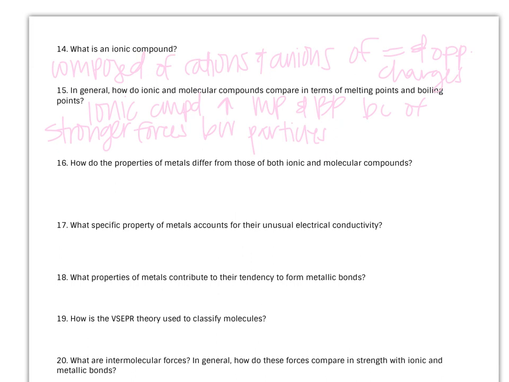Okay, number 16 says, how do the properties of metals differ from those of both ionic and molecular compounds? So basically there can be ionic bonds, there can be molecular bonds, and now these are talking about metallic bonds. So metals, as we know, are better heat and electrical conductors.